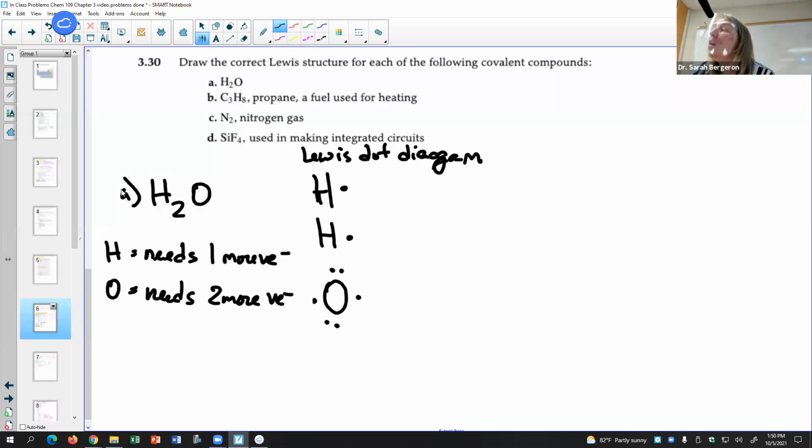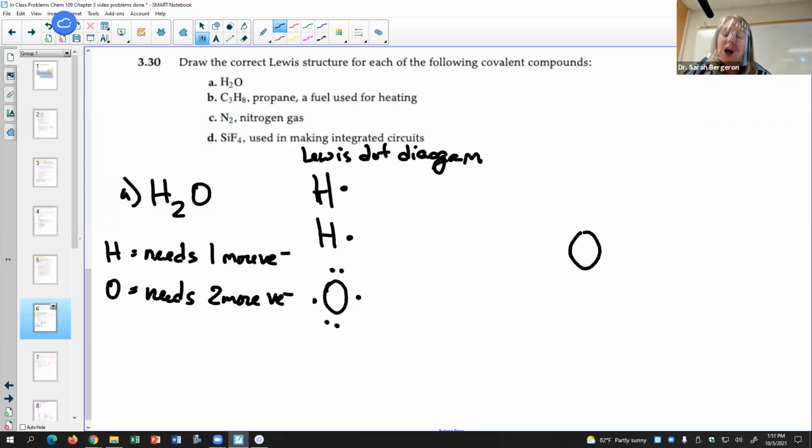However many more electrons the atom needs is how many bonds it can make. So how many bonds can hydrogen make? Only 1. That means I can only link 1 element to hydrogen. So can hydrogen be in the middle of my compound? No. What does it have to be? Oxygen. So anything like hydrogen or any of the noble gases cannot be central atoms. They have to be peripheral atoms.